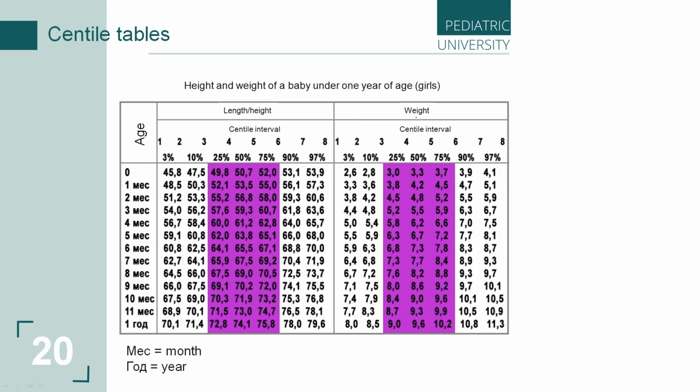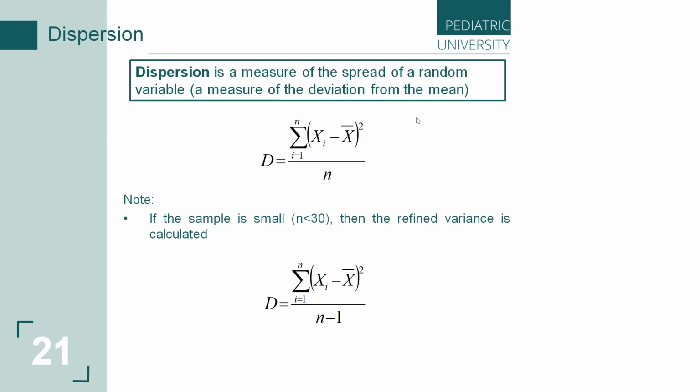What is next? In the last lecture we talked about dispersion, and today we must say some words about it too. It's already familiar from our last lecture. We already told you that variance, or dispersion, is a measure of the spread of a random variable, a measure of deviation from the mean.